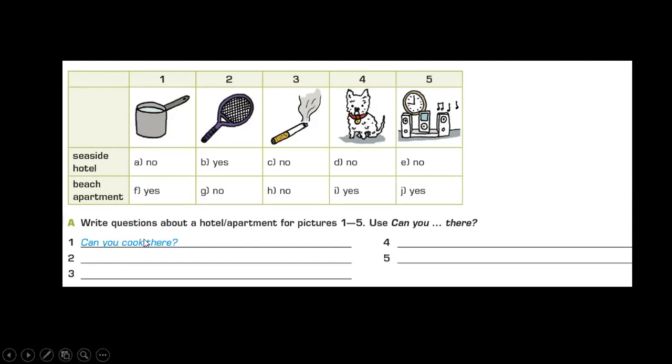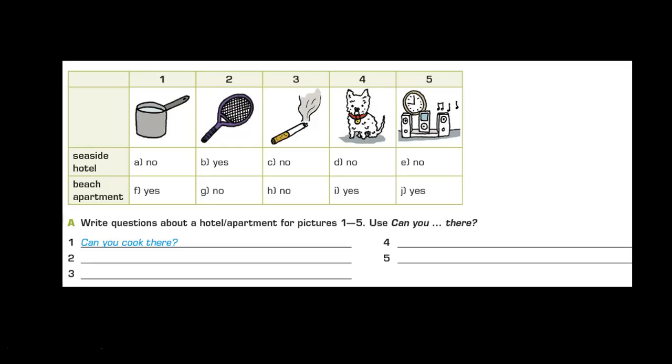Can you cook there? And let's say that I'm focusing on the seaside hotel. Me estoy enfocando en el hotel. And the answer is going to be no. So then the answer is going to be no, you can't. Pero si me enfoqué en el apartment, for example, then the answer is going to be yes, you can. ¿Qué van a hacer entonces? Tengo aquí 5 preguntas, 5 objetos y 5 respuestas, ya sea para el hotel o para el apartment.